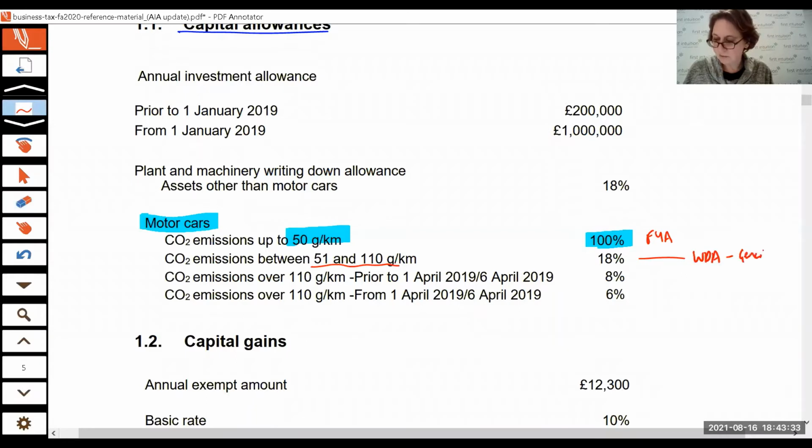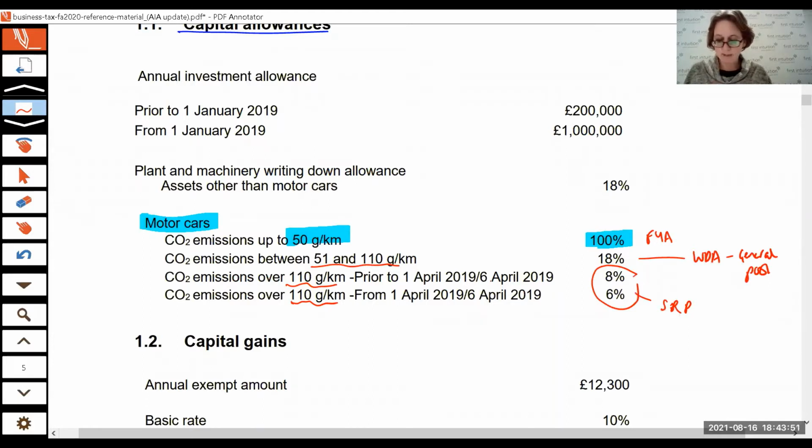So that just goes straight to our general pool, nothing particularly special about that. Or if our emissions are over 110 grams, which I would call high emission, then they go into what we call a special rate pool, a special column for these assets, because they're high emissions.